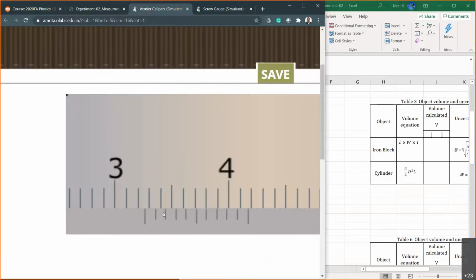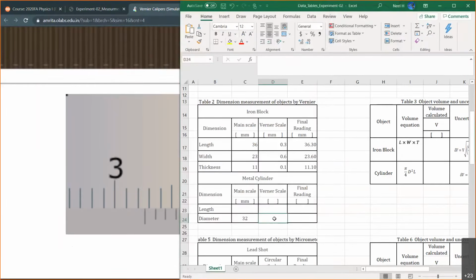Move to your right-hand side, observing the alignment. When you reach the 6th line right here, you can see very perfect alignment. So that means 6th line. 6th line means 6 multiplied by 0.1, so it should be 0.6. The unit for the Vernier scale is also millimeters.